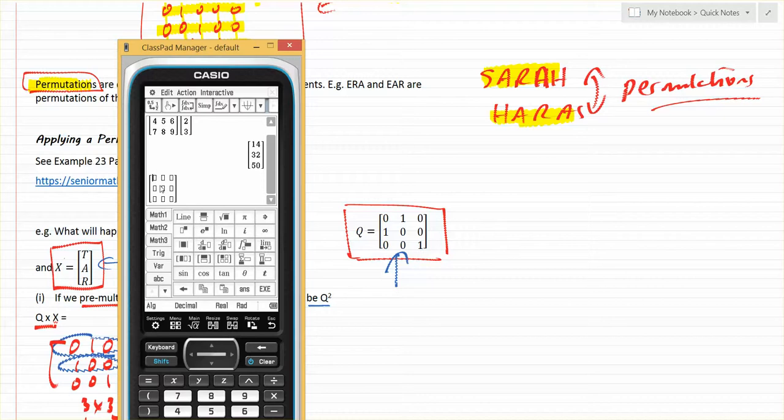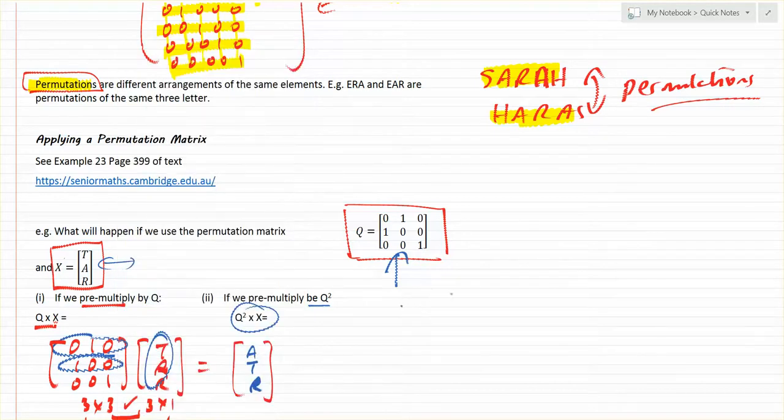I'm going to enter Q on my calculator: 1 0 0, 0 0 1, 0 1 0. If I try to multiply it by itself, I can just square it. Q times Q is just Q squared. I get Q squared equals 1 0 0, 0 1 0, 0 0 1, and that happens to be an identity.